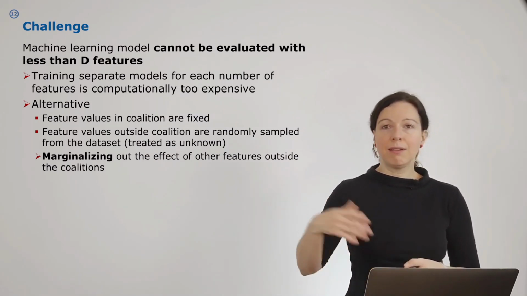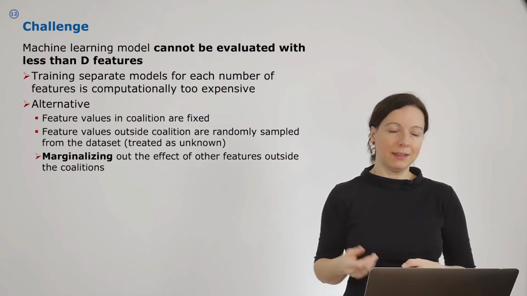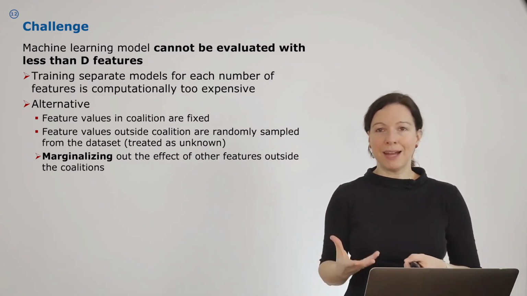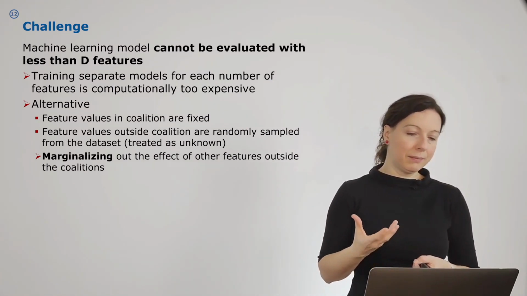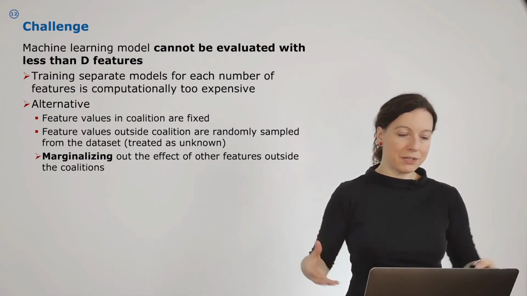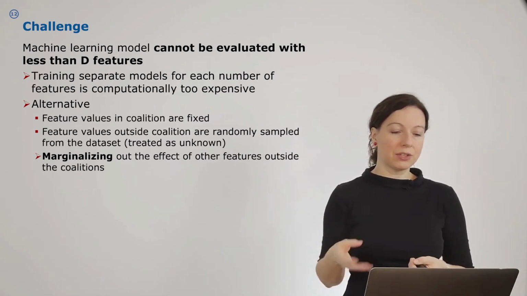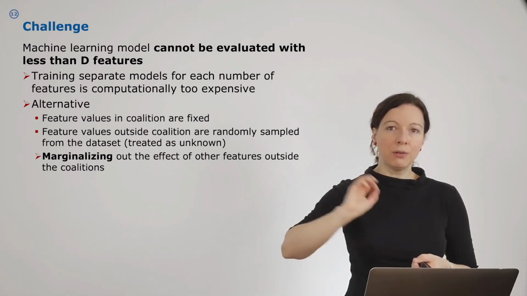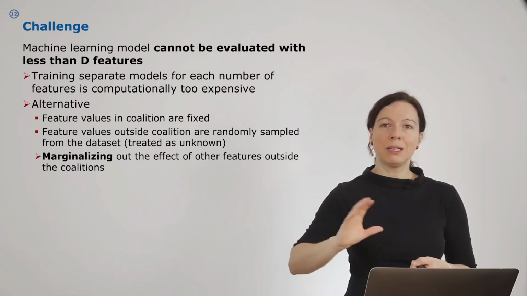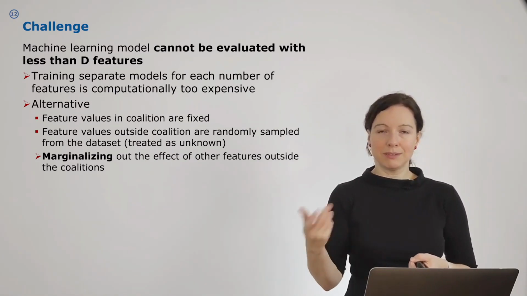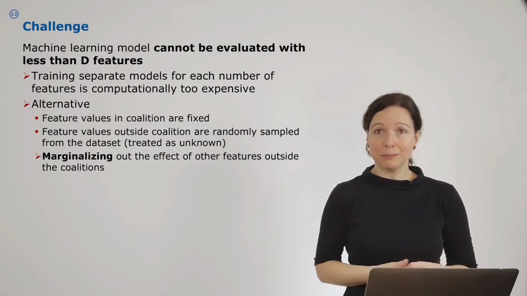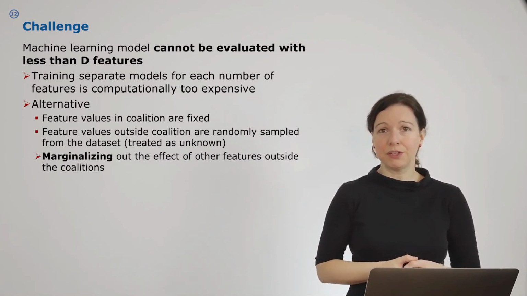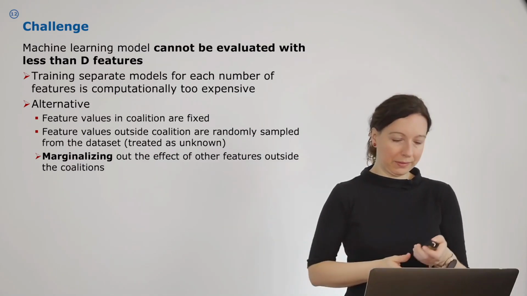So you randomly sample again and again and again. This is called marginalizing out the effect of other features outside the coalition. If you take one feature and you compute again and again with randomly sampled values of this specific feature, it's marginalized out.